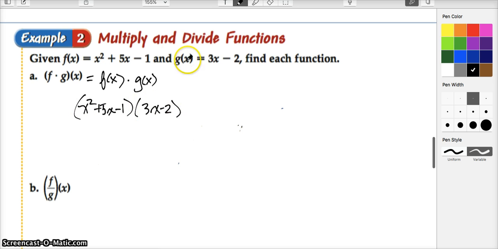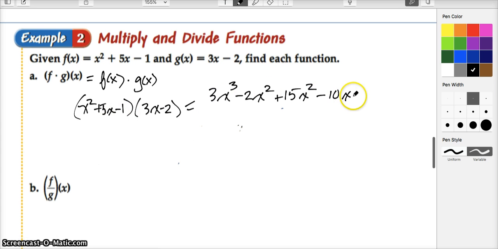And we're going to use the extended distributive property, where we take each of these terms and multiply into the next expression. So x squared times 3x is 3x to the third power. x squared times the other one is a negative 2x squared. Now 5x times 3x is going to be a positive 15x squared. And then 5x times a negative 2 is a negative 10x.